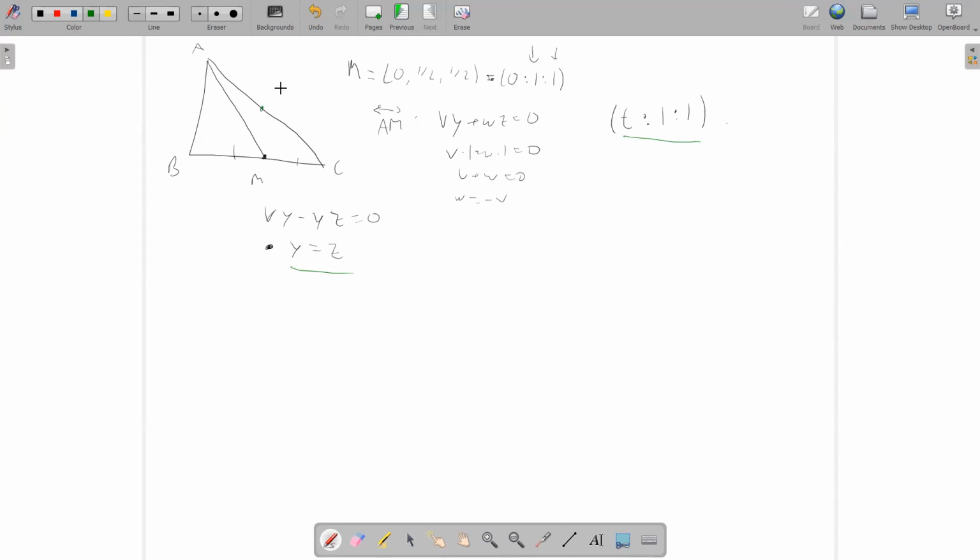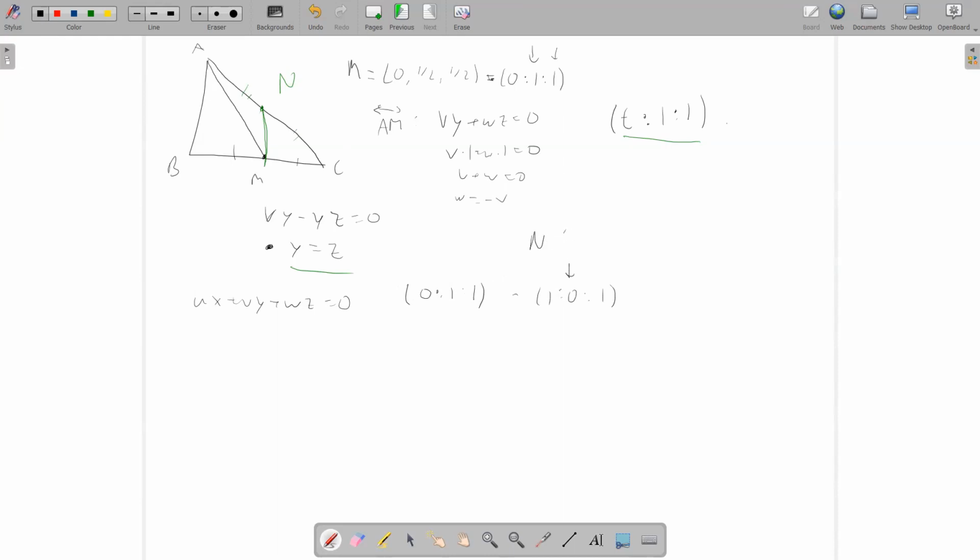The equation of the line passing through both midpoints, call this N, midpoint of AC. What would this be? Well, we know the equation is ux plus vy plus wz equals 0. We know it passes through the points 0, 1, 1 and 1, 0, 1.